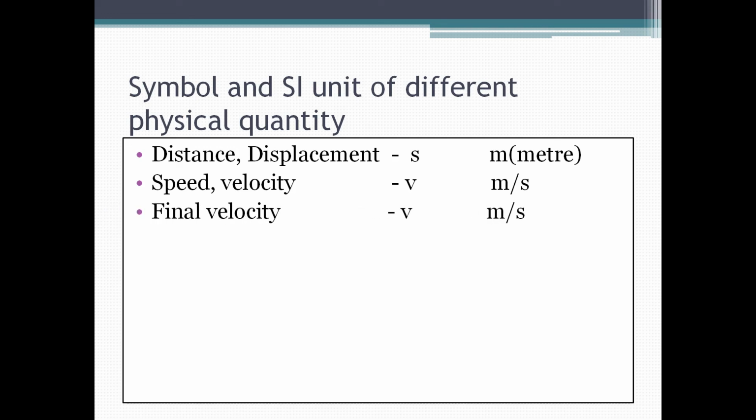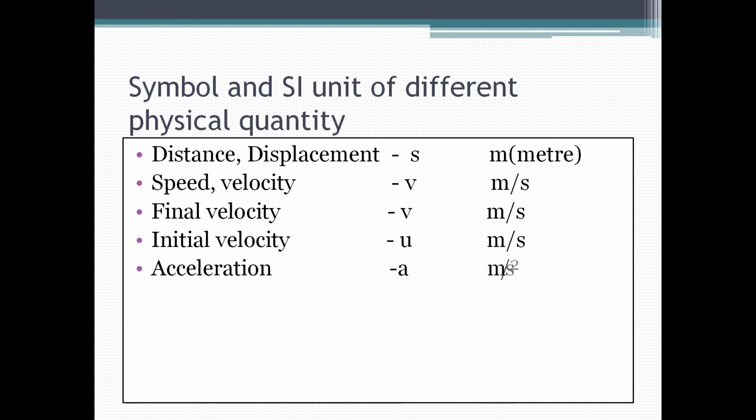Then final velocity denoted by v, SI unit same as it is also velocity, meter per second. Then initial velocity denoted by u, its SI unit is meter per second. Then acceleration, a, SI unit is meter per second square. Lastly, time, t, SI unit is second. So you have to learn these symbols and their SI units.